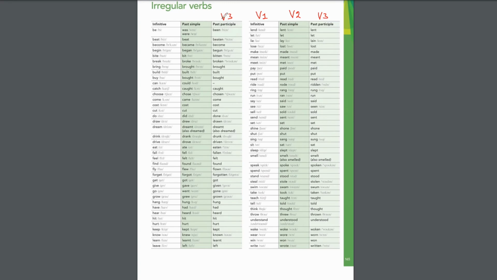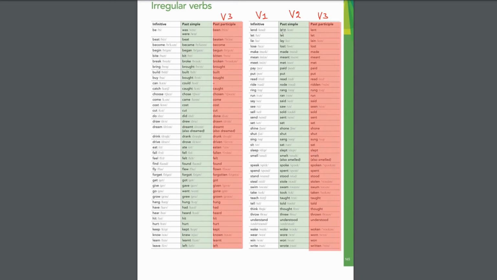To make present perfect, we need this part, this column, and this column. As long as you're good with them, you can make a correct present perfect.